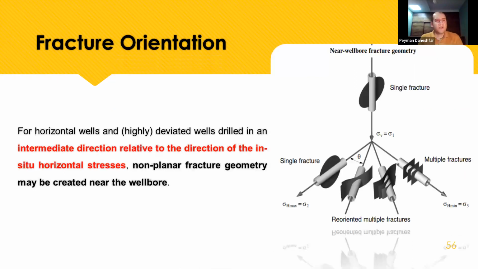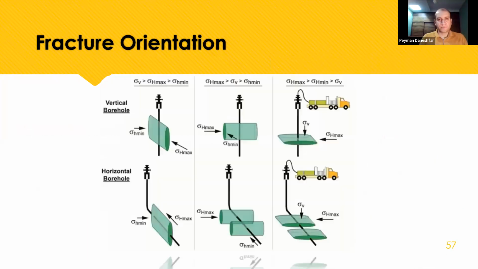Again, for deviated wells, the rule is the same as for horizontal wells. With an intermediate direction relative to the in-situ horizontal stresses, a non-planar fracture geometry may be created near the well, or maybe it has some angle between the maximum and minimum stresses.